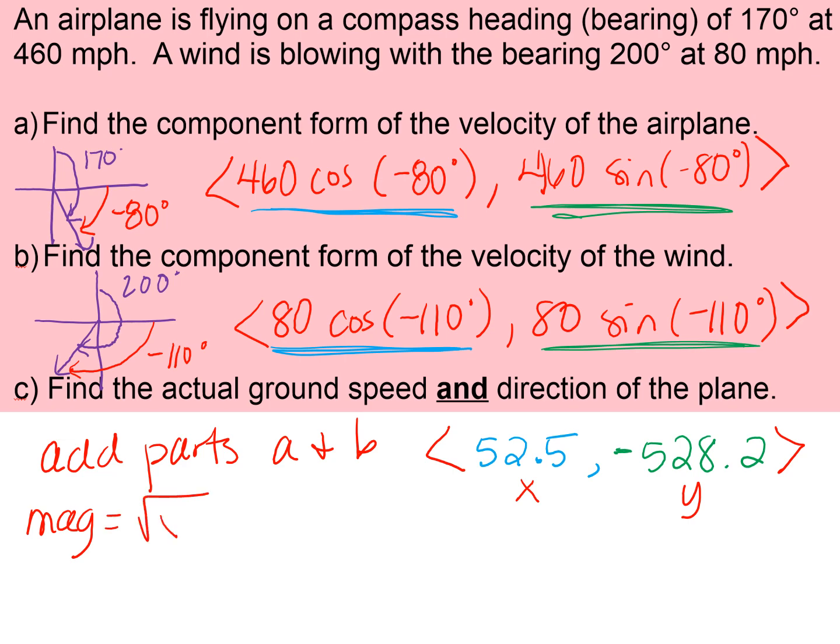So it was just the square root of x squared plus y squared. And then we can go ahead and plug that in, and that will give me the actual speed of the plane. And by the way, if you get a negative speed, you should realize you did something wrong.